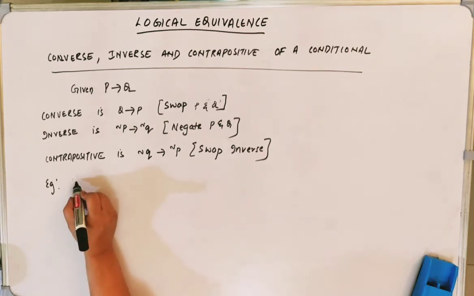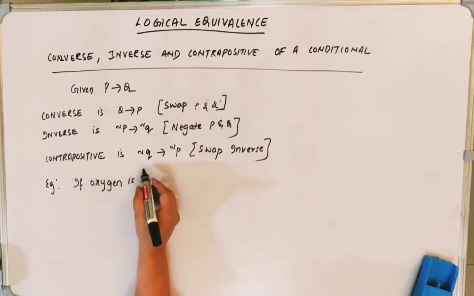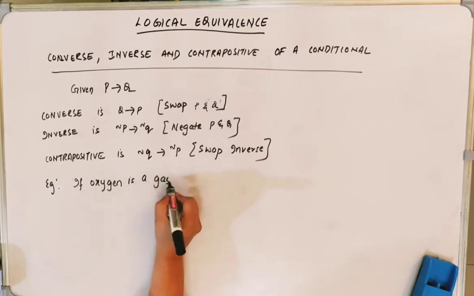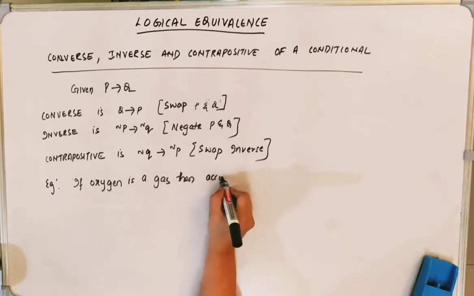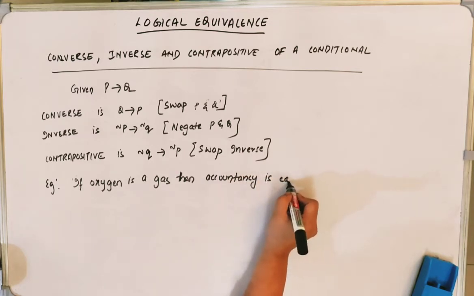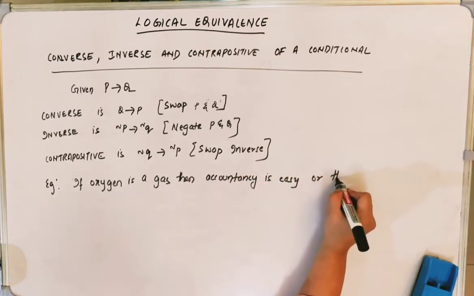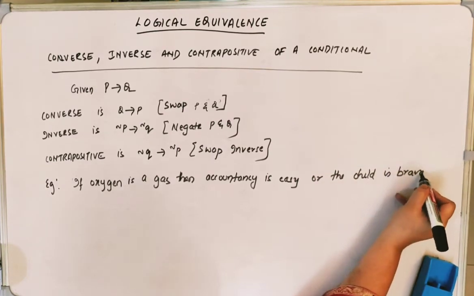Let's take another example. If oxygen is a gas, then accountancy is easy, or the child is brave.